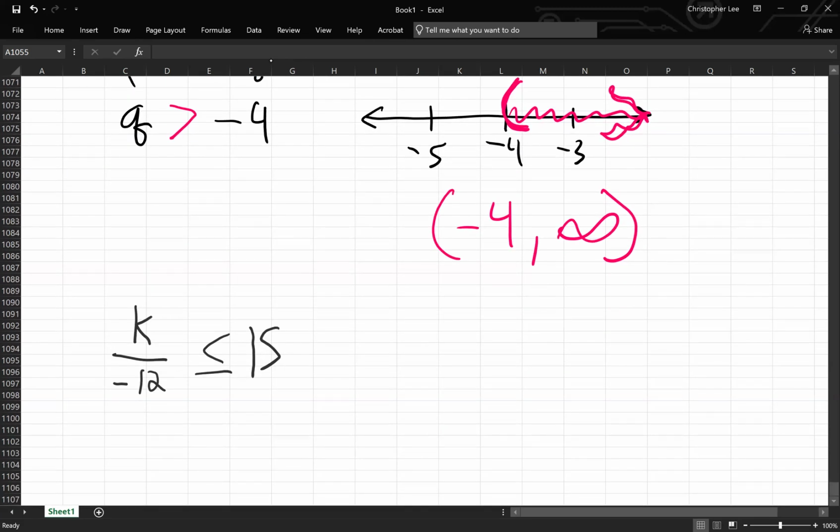So long story short, I want to isolate my variable, right? I want to get rid of that -12. So I'm going to multiply this by -12. But remember, when I do one side of the inequality, I have to do the other side of the inequality. And now because I'm also multiplying by a negative, my sign will flip. So this is going to become what?